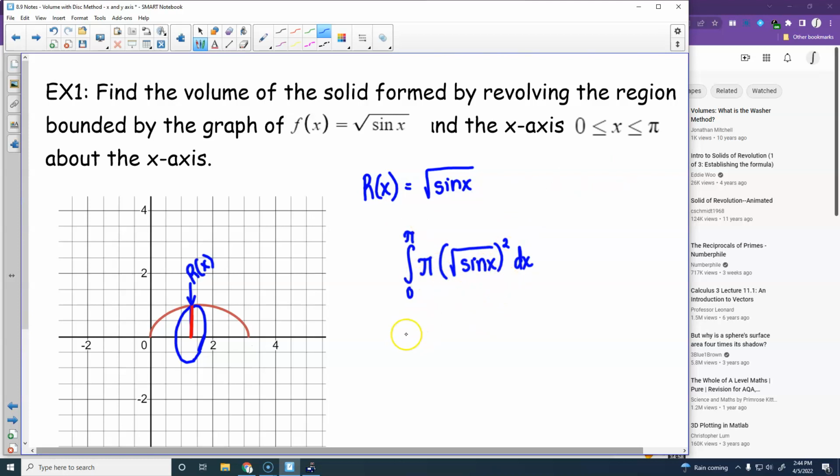So to integrate this, it's not going to be too bad actually, because I could pull the pi out front if I want. What happens when I square the square root? It goes away. I've just got sine x dx. And what do I get when I integrate sine x? Negative cosine.